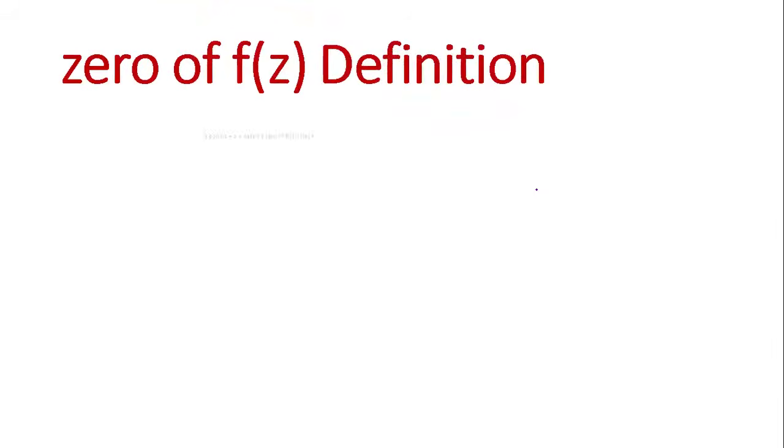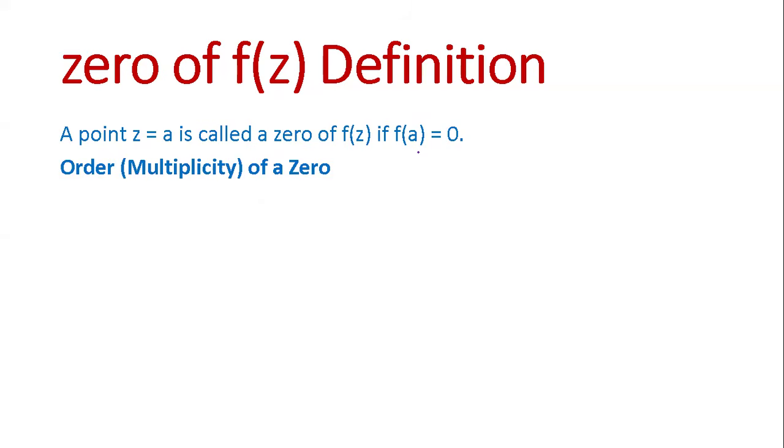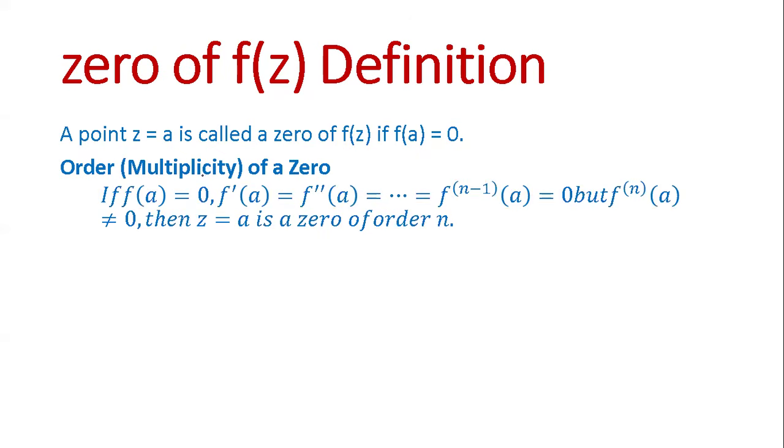See the concept. Zeros of f of z, definition. A point z is equal to a is called a zero of f of z if f of a is equal to 0. Let's see order or multiplicity of a zero.